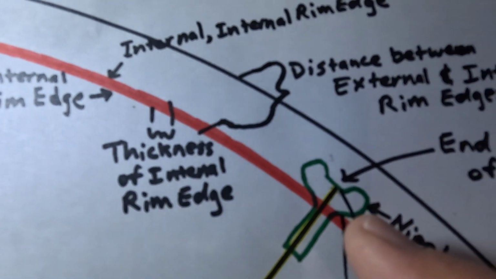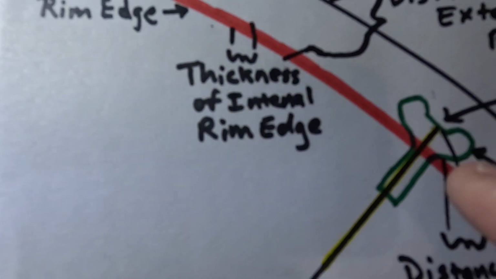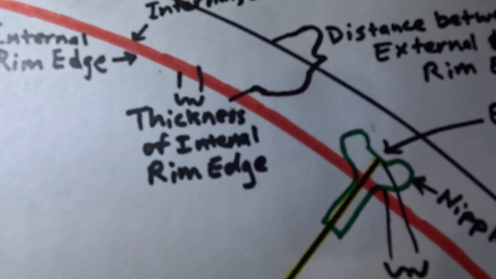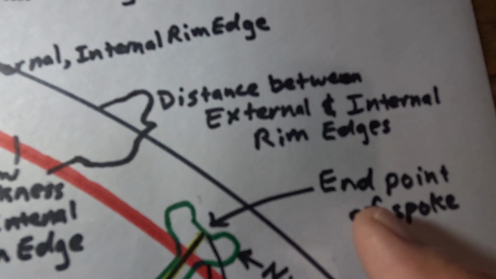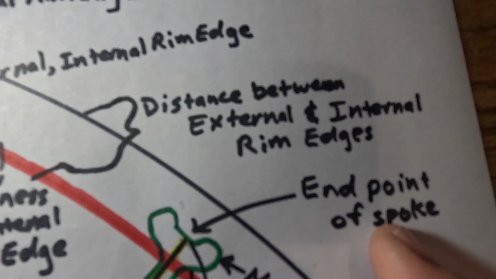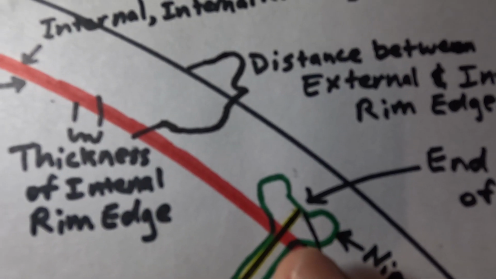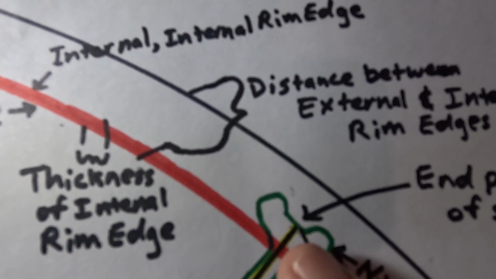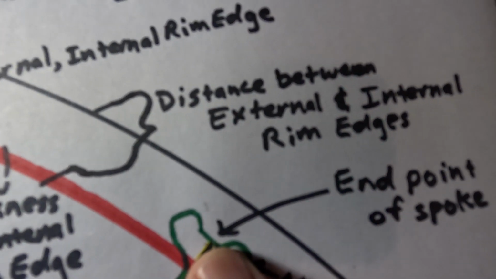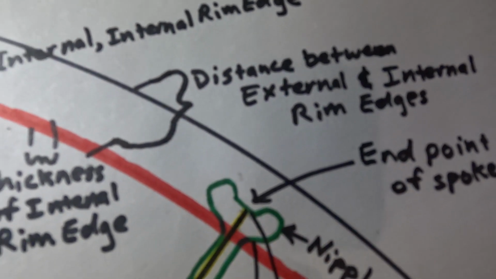Now, the green item here represents the nipple, and the black item running through the nipple is the spoke. On this spoke, I've drawn an arrow to the end point of the spoke. So once the nipple is inserted in the rim and the spoke is in the nipple, exactly where we want the spoke to be, that's where the end point of the spoke would be, in the nipple, in the rim.